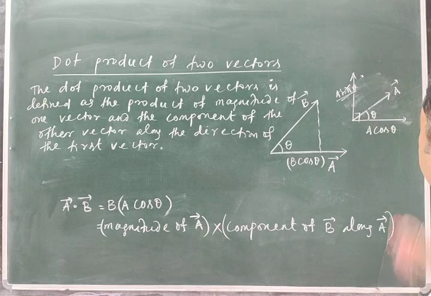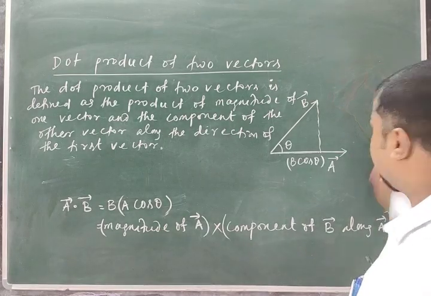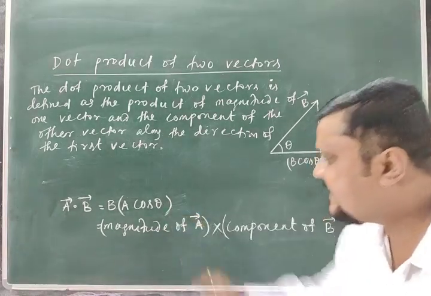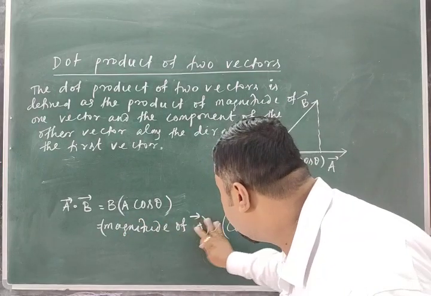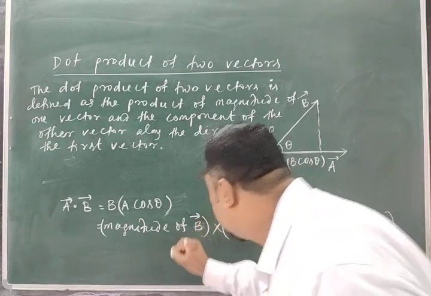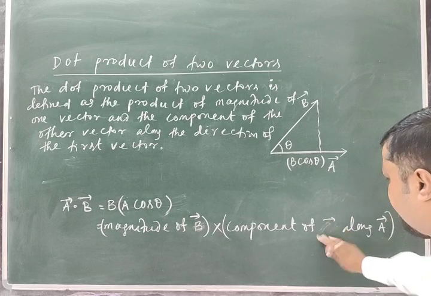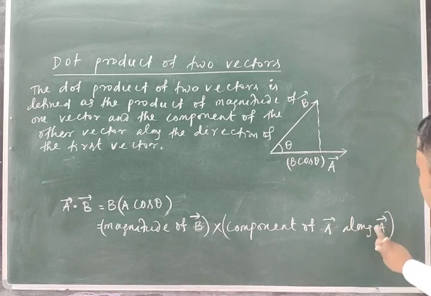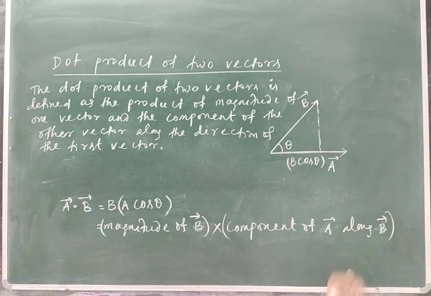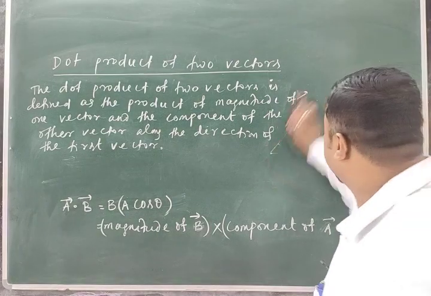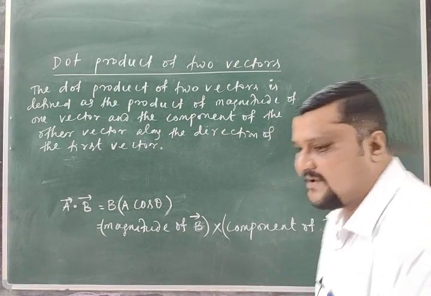Similarly, you can write this another way: the magnitude of B into the component of A along B. Let me show this again in the figure.